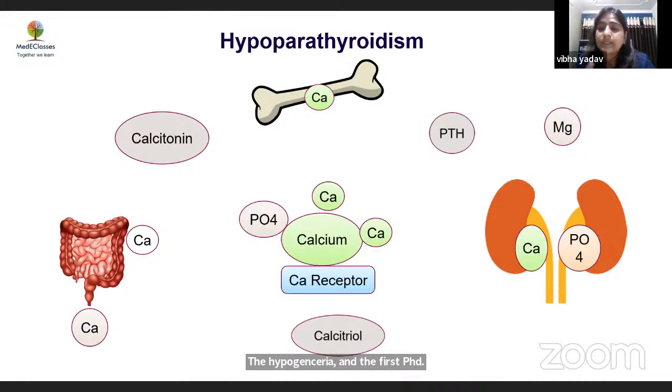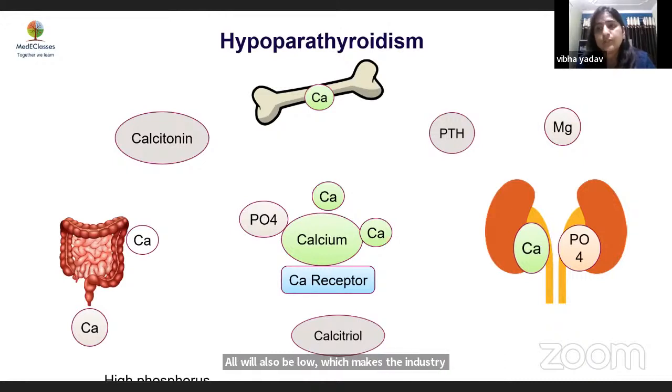So with low PTH levels, there will be hypocalcemia along with high phosphorus levels. And one thing more, PTH is also responsible for increasing the activity of 1-alpha hydroxylase. So when there is a low PTH level, the level of calcitriol will also be low, which makes the intestine less permeable to calcium.